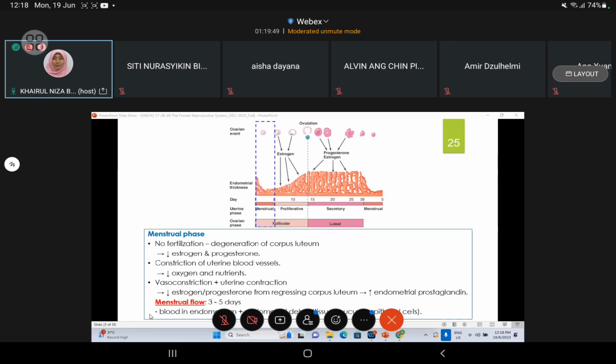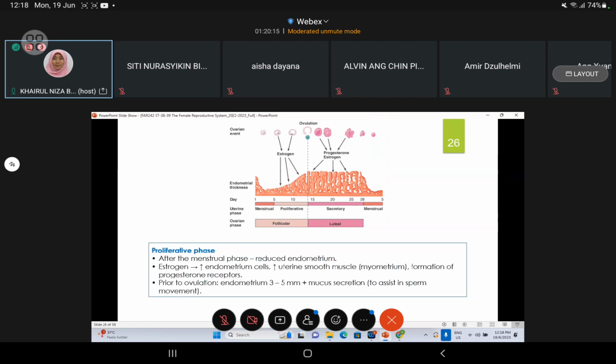So that is the menstrual flow. In this diagram, I forgot to mention that because there's a continuation from one cycle to another, the menstrual phase can be seen twice in this diagram.